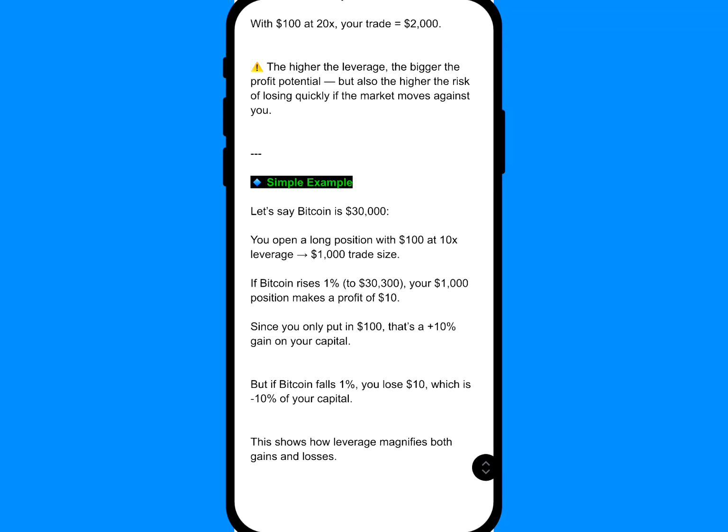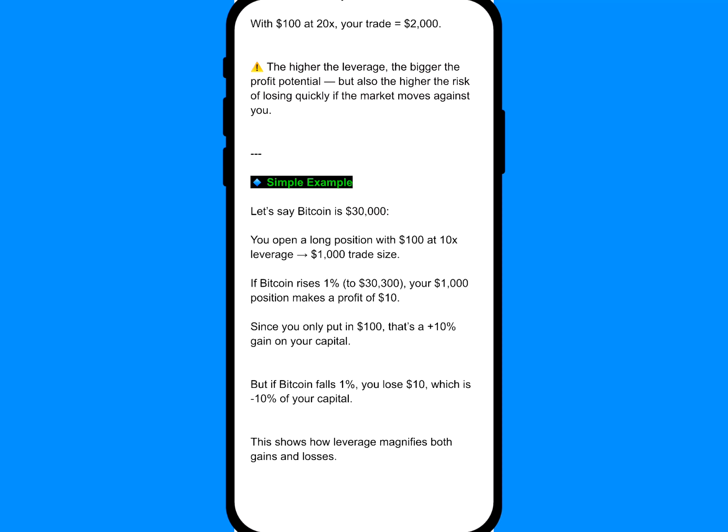Let's say, for example, Bitcoin is $30,000 right now, and you open a long position with $100 at 10x leverage, which is a $1,000 trade size. If Bitcoin rises by 1% to $30,300, your $1,000 position makes a profit of $10.